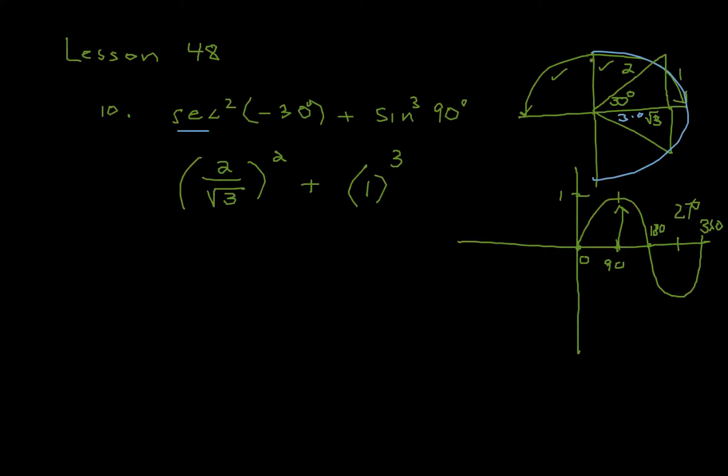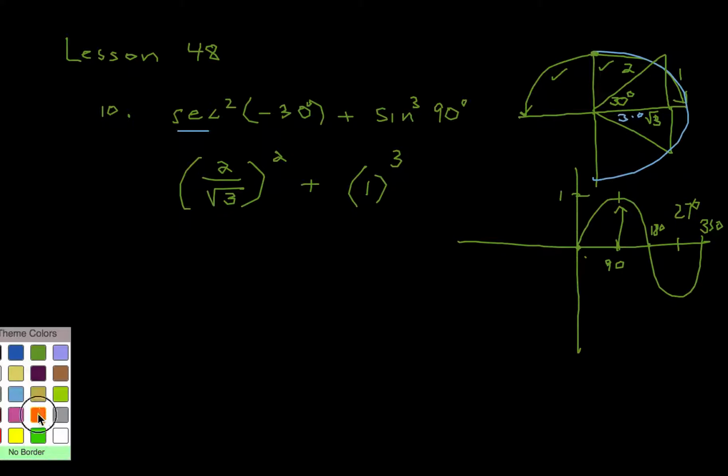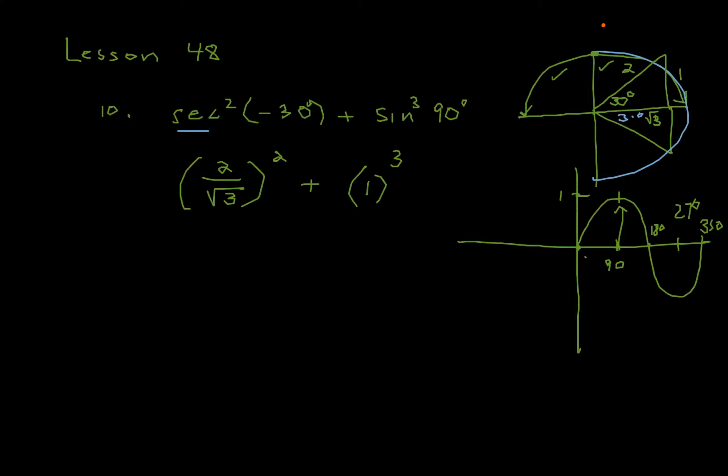The other way to do it is you think of the points going around the circle. So this point at 90 degrees is going to be 0, 1. And the hypotenuse is always 1 there. So this is x, this is y.